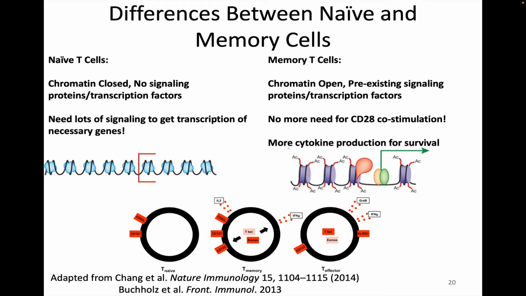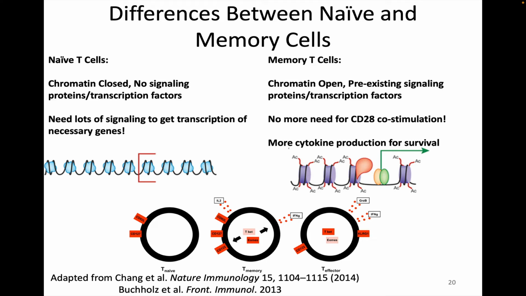Or if we are a memory CD8 T cell, that cell that's been activated before no longer needs such heavy stimulation to get it turned on. That chromatin is open. We don't need to hit that cell as hard to turn it on. It's already been given its pat on the head and told that it was useful once, so it's not going to be as hard to turn it on.